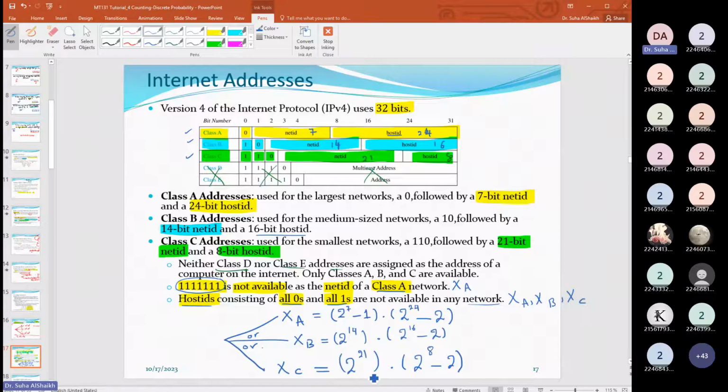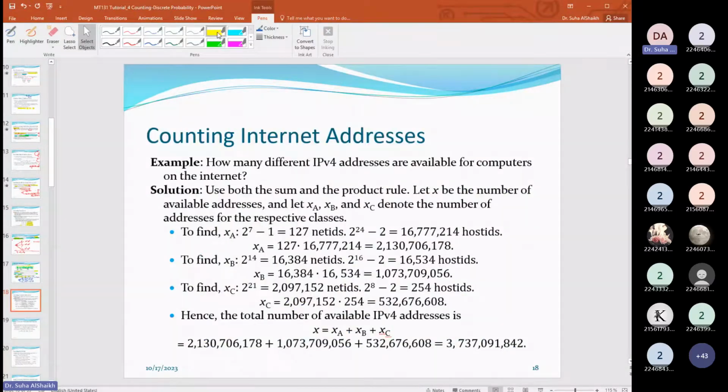Then you have to do the calculations and get this, this, and this, and then we are gonna add all of them. We add class A, class B, class C. As a result, you can see everything in here. Class A is equal to 2^7 minus 1, multiplied by 2^24 minus 2. This will be the class A. Class B is equal to 2^14 multiplied by 2^16 minus 2.